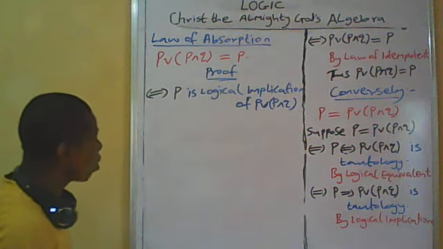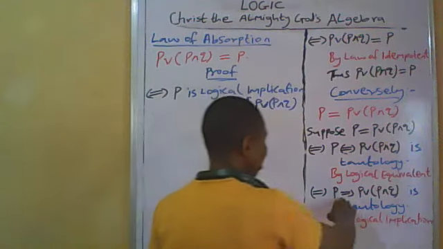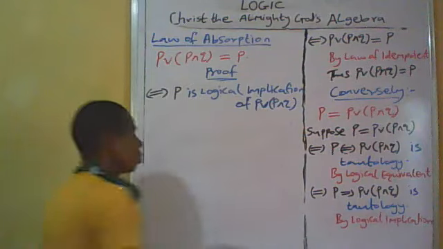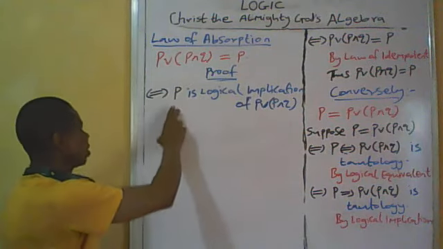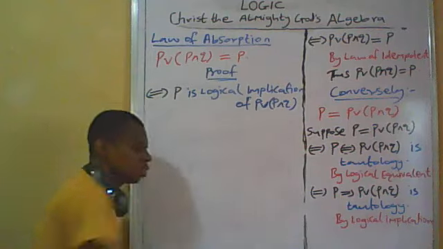Now, by the principle of logical implication, since this is a conditional statement and it's a tautology, we then derive that P is a logical implication of P or (P and Q).